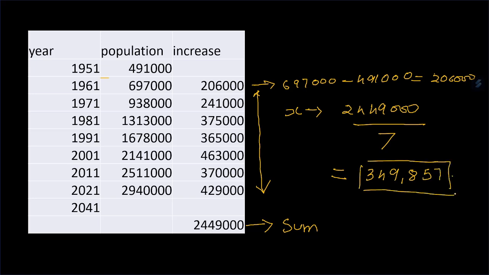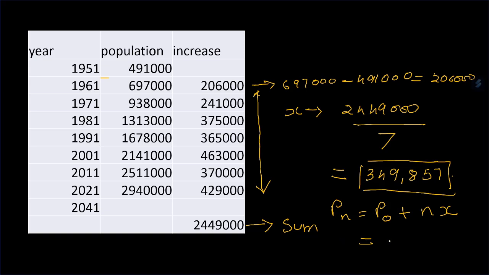Now we need to substitute all the values in this equation and get our answer. So Pn is nothing but the population in 2041.